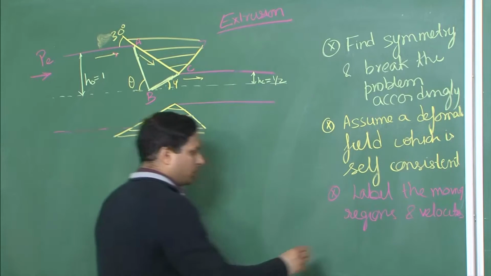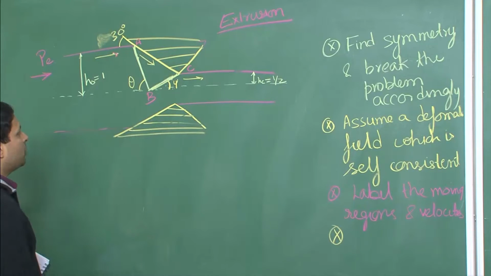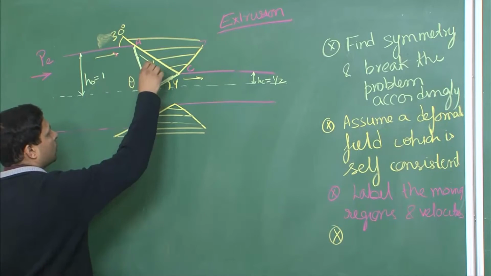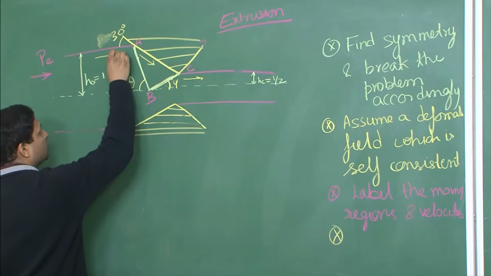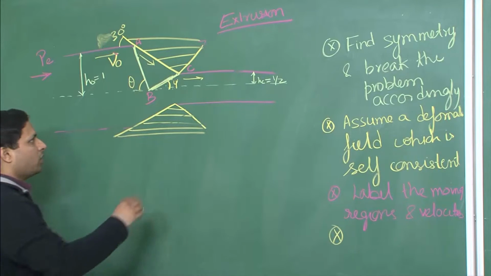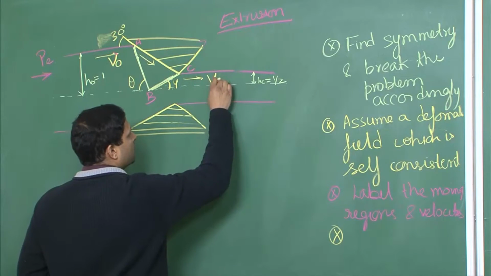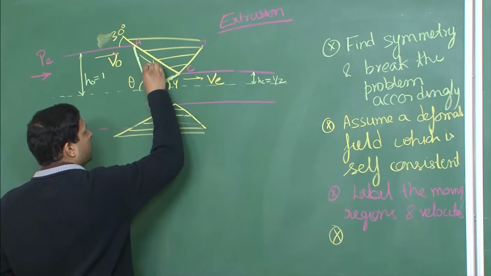Now, the next step, once we have labeled the moving regions and the velocities, so one thing I have not yet done is labeling the velocity. So, this is V naught, the velocity at which it is going in, and this is the exit velocity VE. This is V1.